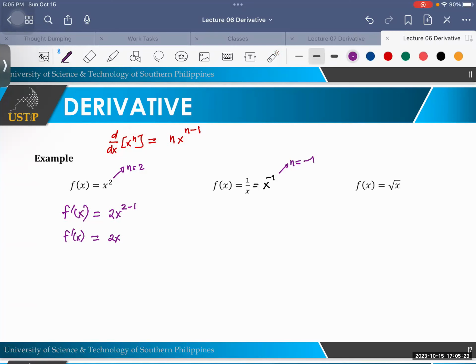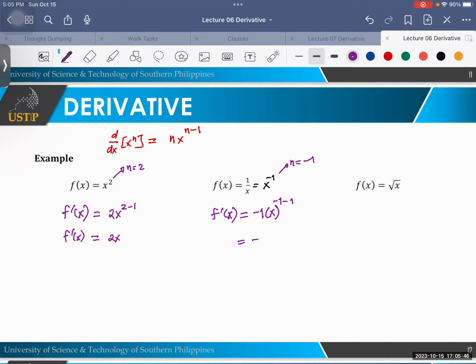So that means in getting the derivative, f prime of x is just equivalent to negative 1. Bring down the negative 1, multiply it by x, and subtract 1 from the negative 1 exponent. So that would be negative. The coefficient is 1, so we don't need to rewrite it.